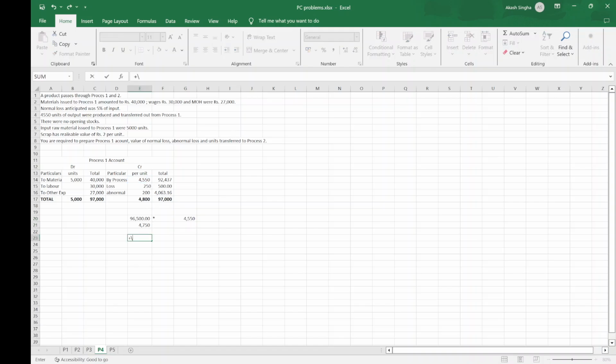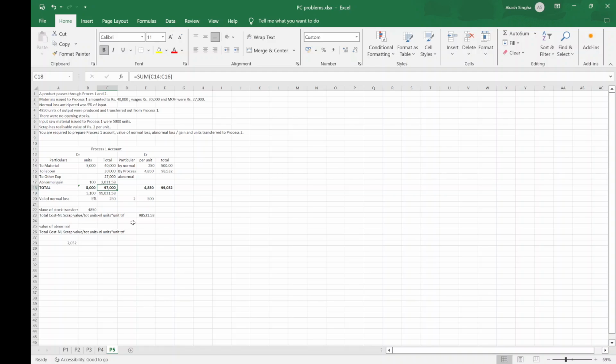So equals 96,500 into 4550 by this. So 92,436 point this value. So the abnormal loss value will be this, or you can calculate it by giving, in place of 4550, the abnormal loss units. So it will be 4036.16.